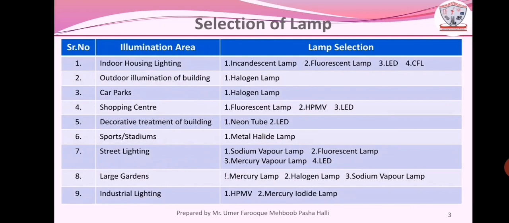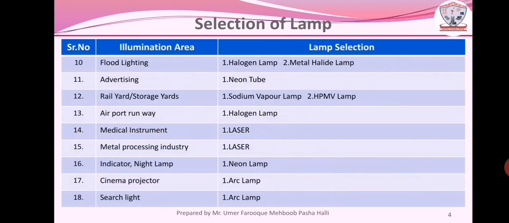Next, large garden, mercury lamp, halogen lamp, sodium vapor lamp. Industrial lighting, HPMV and mercury iodide lamp. Next area is flood lighting, where halogen lamp and metal halide lamp are mostly used. Advertisement, mostly neon sign tube is used.